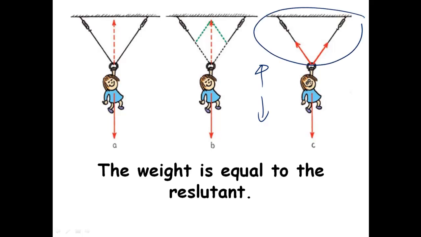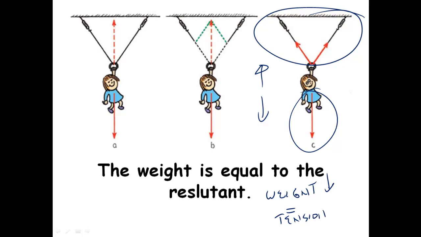In other words, these two spring scales must be pulling with the same amount of force down, which is her weight. They're equal. The weight down must equal the tension up, because they're not moving.